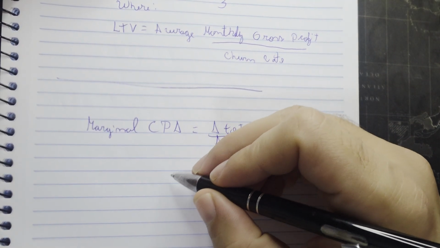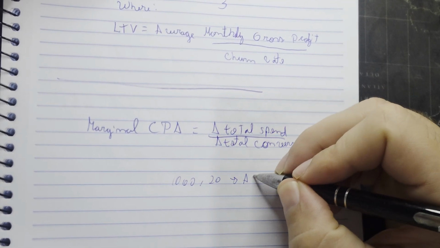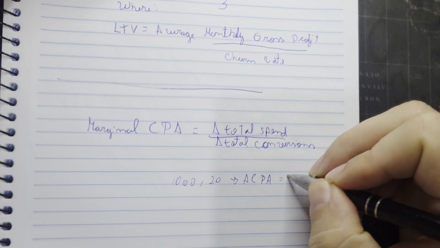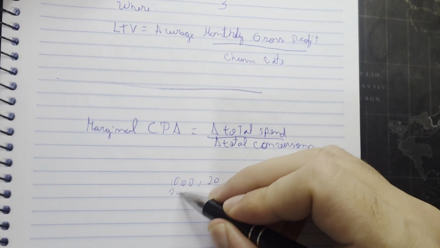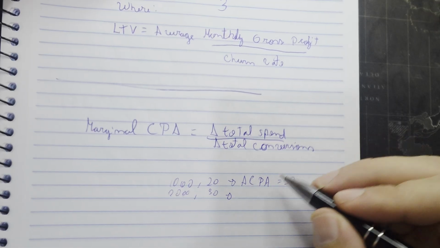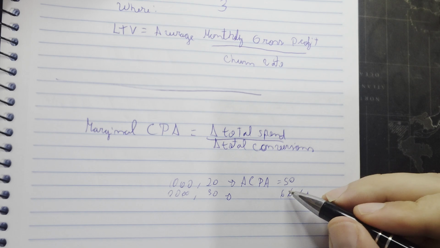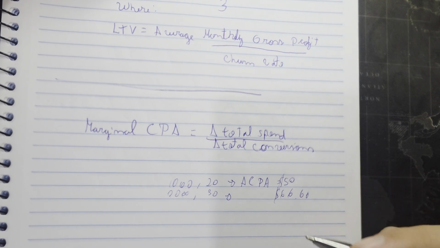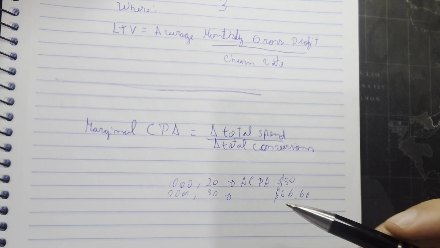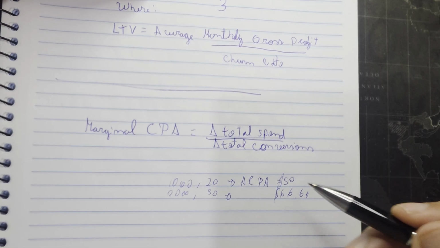Scenario A: spend $1,000, get 20 customers, average CPA is $50, right? Or scenario B: spend $2,000, get 30 customers, average CPA is $66.66. A marketer looking at the average CPA might think, if my target CPA is $70, I'm still profitable.